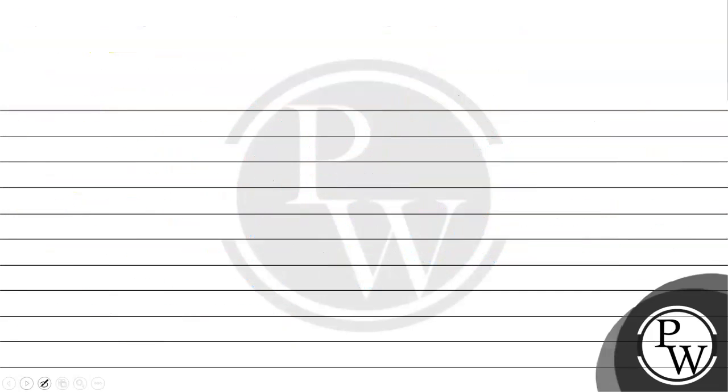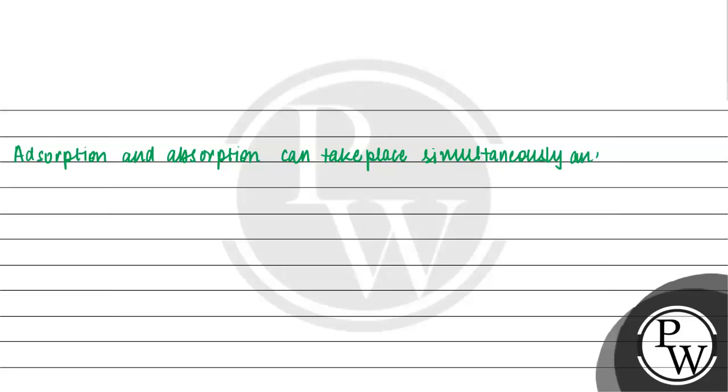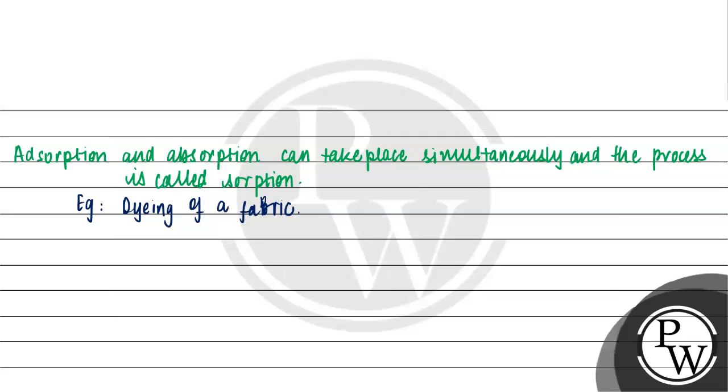So this statement is false, obviously, because we know adsorption and absorption can take place simultaneously and the process is called sorption. अगर हमें इसका example देखना हो तो dyeing of a fabric is an example of sorption. क्योंकि उसमें हमारा जो color है वो surface पे है, the color shows on the surface whereas color is also absorbed by the fabric. So dyeing of fabric is an example of sorption.